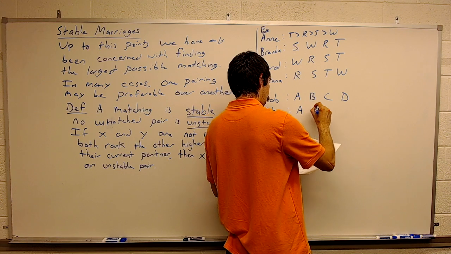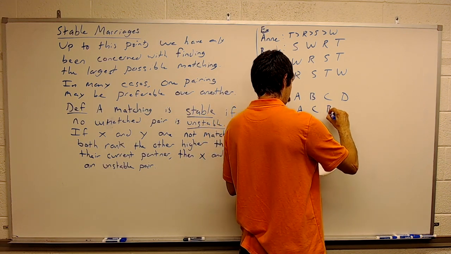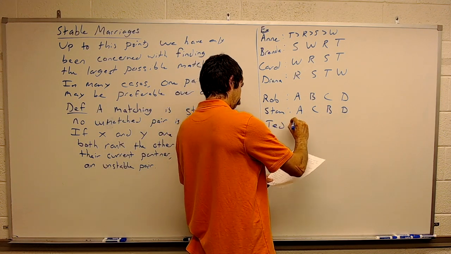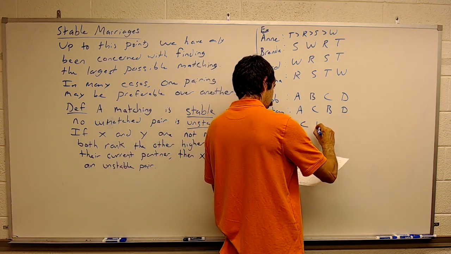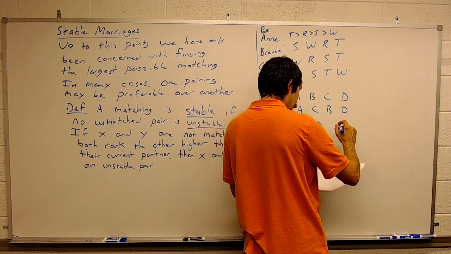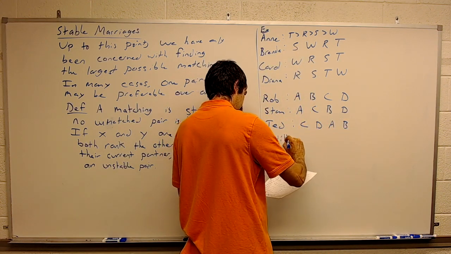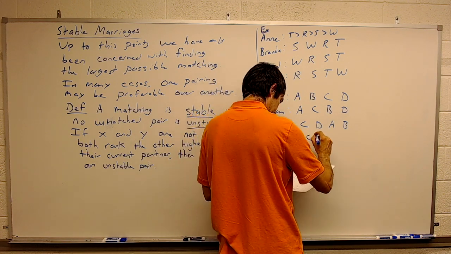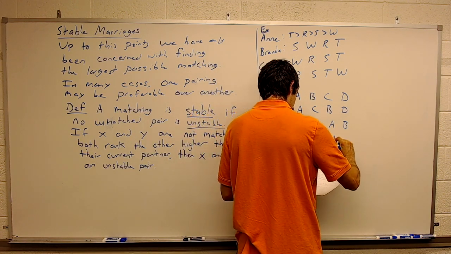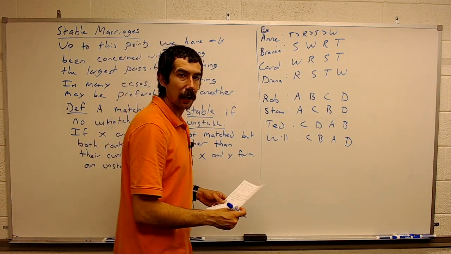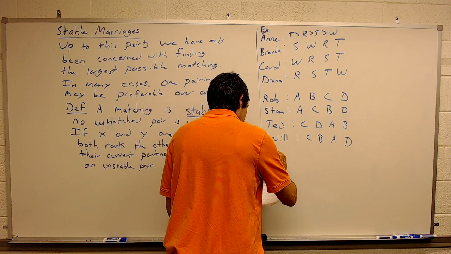Stan: A, C, B, D. Ted: C, D, A, B. And finally, Will: C, B, A, D. And so my question to you is the following: stable or unstable?